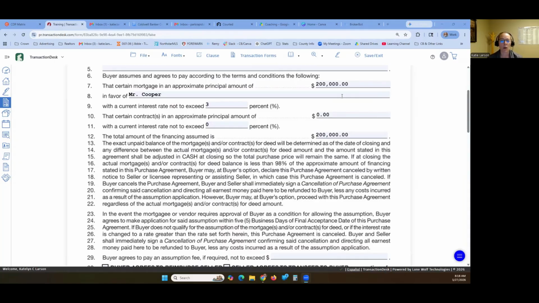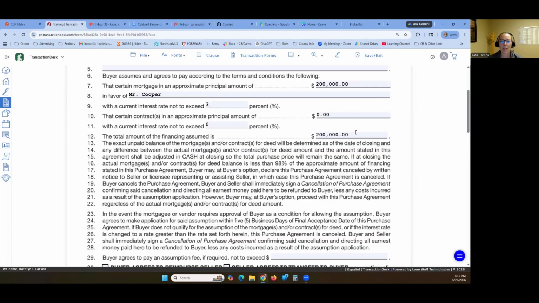So like I said, if that amount is less than $200,000 for the assumed loan, the buyer will have to come up with cash to be able to close on the difference, okay? If at closing the actual mortgage balance, I'm skipping over this contract for deed part, the actual mortgage balance is less than 98% of the approximate amount of financing stated in this purchase agreement, buyer may, at buyer's option, declare this purchase agreement canceled by written notice to the seller or licensee representing or assisting seller, in which case this purchase agreement is canceled.